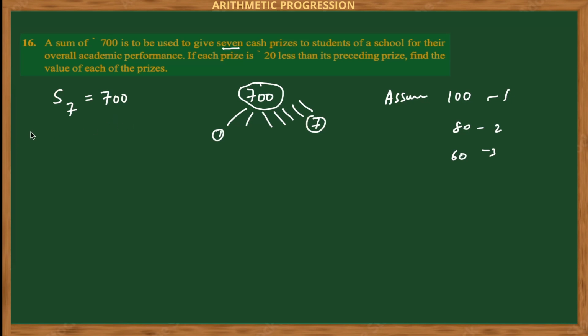So for example, let's assume the first prize value is x.